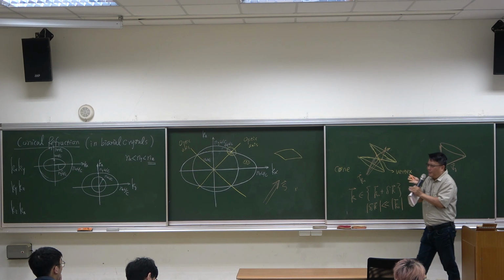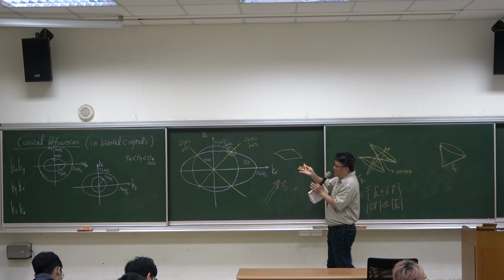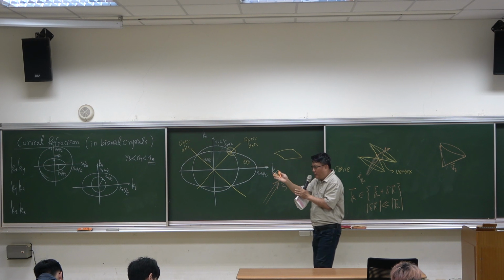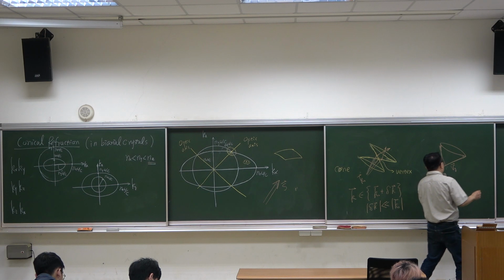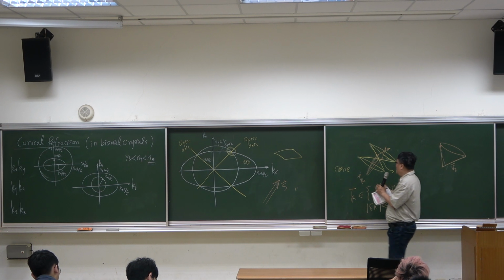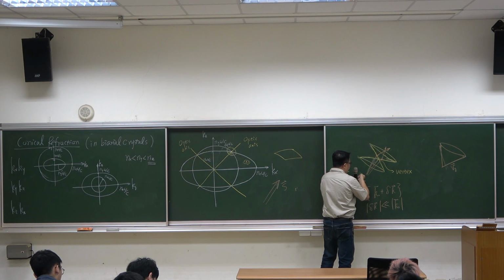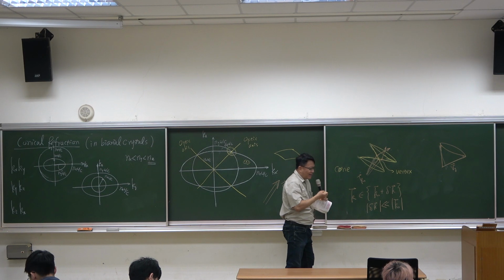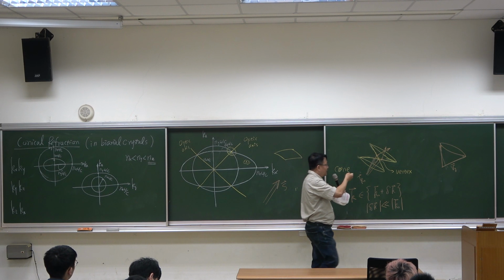However, group velocity gives us the direction of beam. Okay, so this means that originally we have a beam just like a solid cylinder.